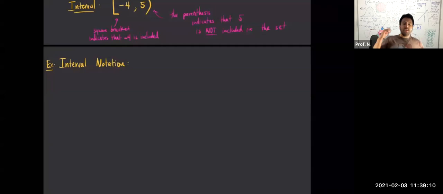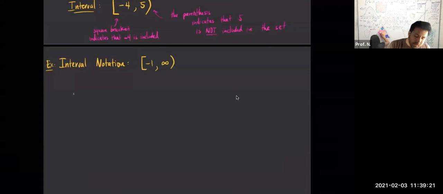All right. So what if I give you the interval notation, such as this one here? Let's say -1 to infinity. What would be the graph? What would that look like? And what would the set builder notation look like?